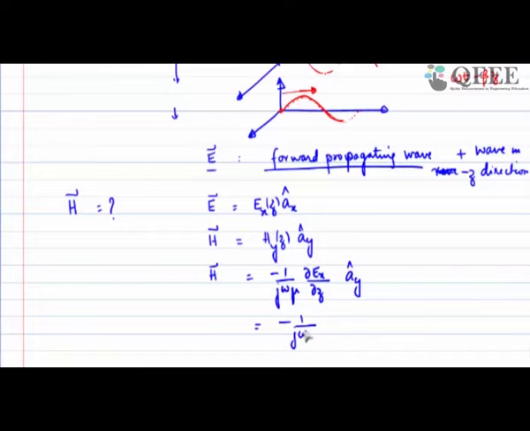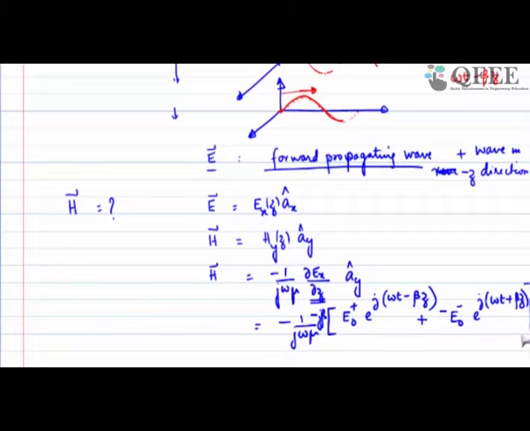Minus 1 by j omega mu. What is my Ex? It is E naught plus e power j omega t minus beta z, plus E naught minus e power j omega t plus beta z, and I need to take a differential of this. So this is minus j beta in the numerator for the first term, and for the second term, a plus j beta, so I will have a minus here, e power j omega t plus beta z.